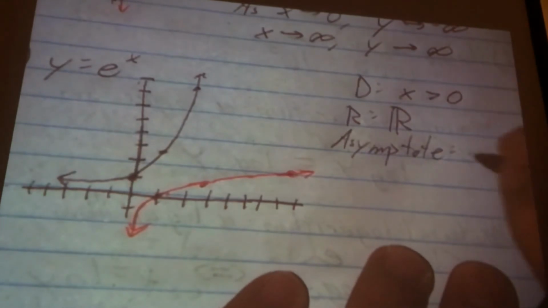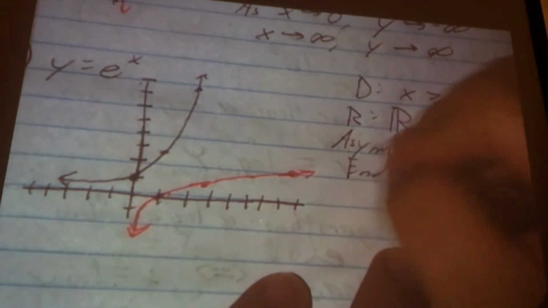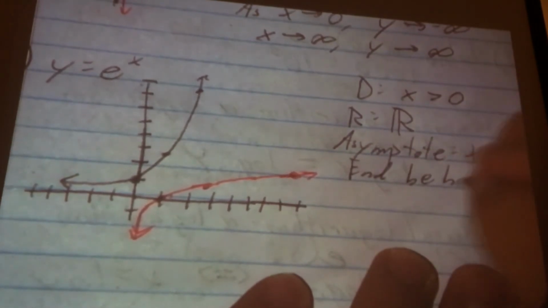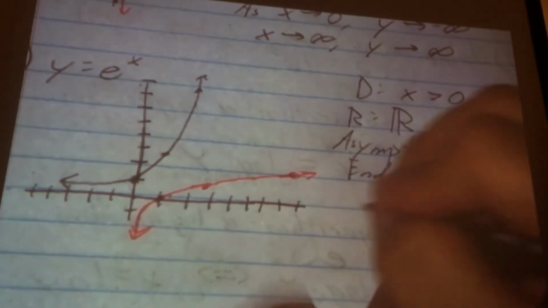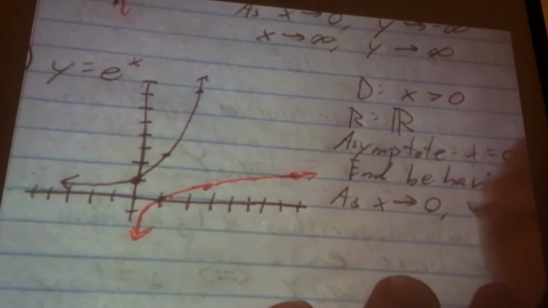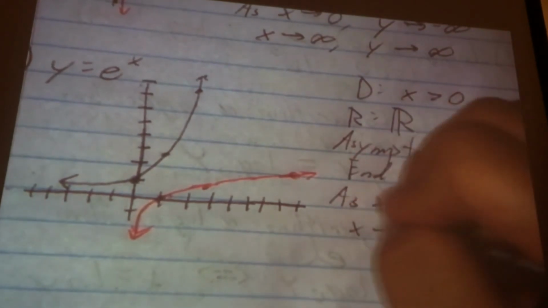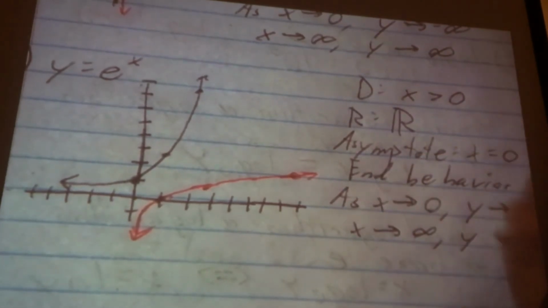Yeah. And my end behavior. So as x approaches 0, y goes to? Yep. And then as x approaches infinity, y goes to infinity.